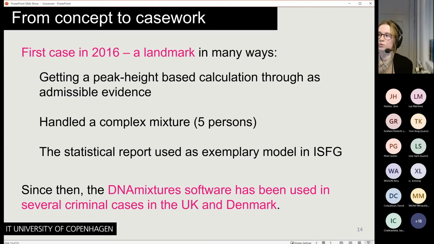This has now been used for various training in the ISFG. And then since that first case, I've used the software for several other crime cases in the UK. And it's also been used here in the Danish jurisdiction by my colleague Stefan Lauritsen.